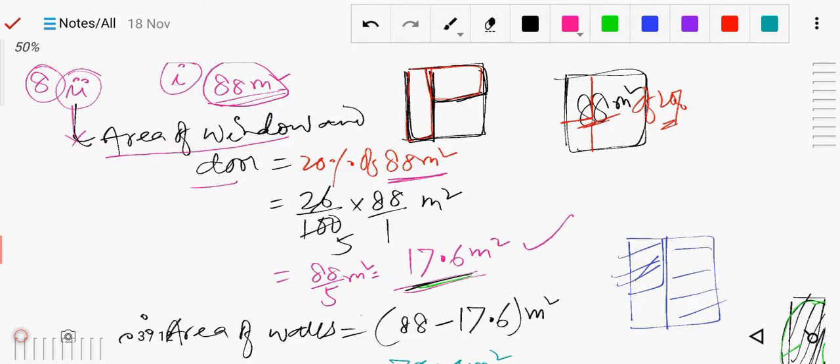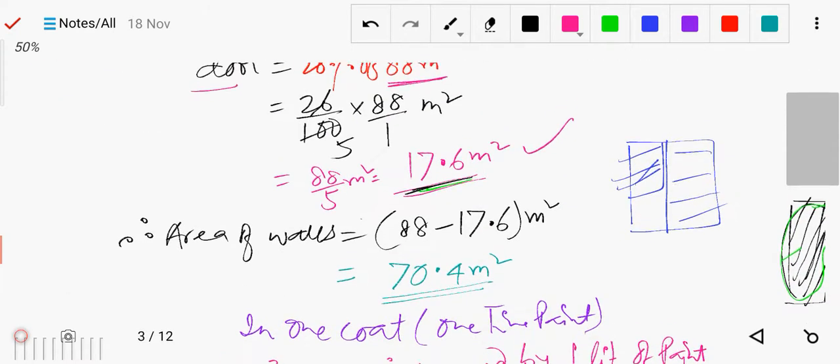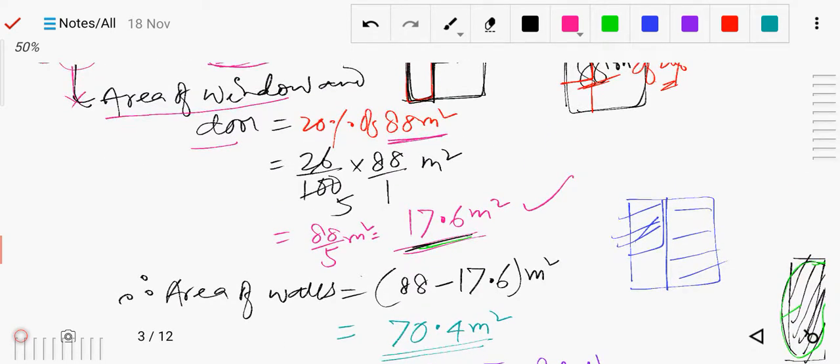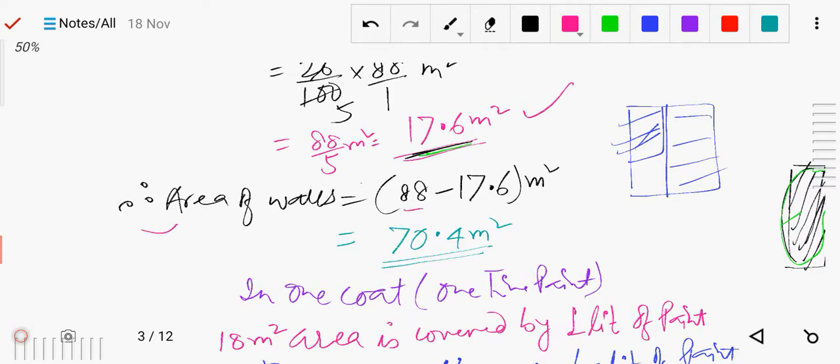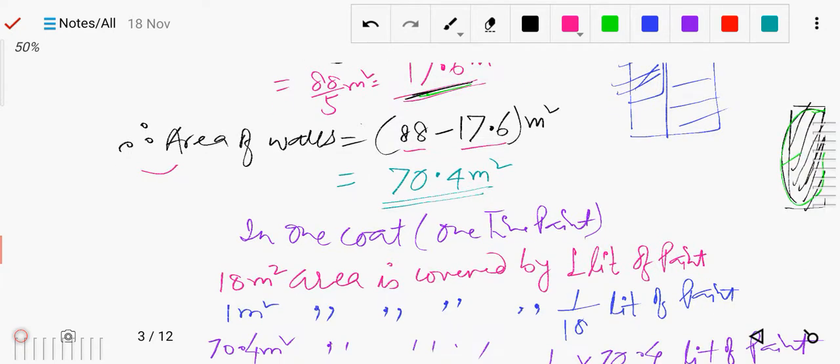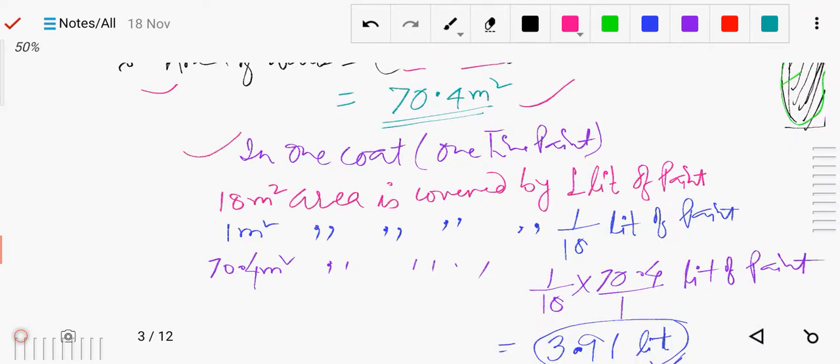17.6 meter square. Now this 17.6, if we subtract it from the total area of the wall, we get the area of the wall to be painted. Then in the question it is given, for one coating, one time painting, 18 meter square area is covered by 1 liter, means 1 liter of paint can paint 18 meter square area.